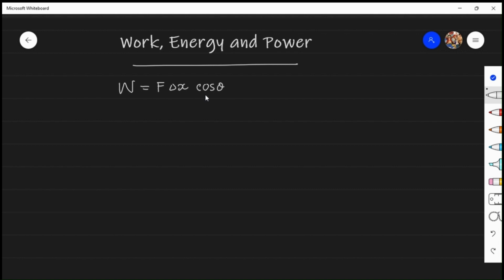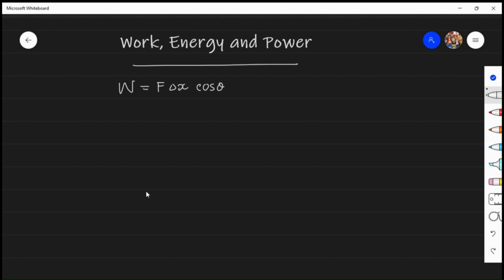And our cos theta, that's where most students struggle. Theta represents the angle between our displacement vector and our force. So we'll have a look at a few examples whereby we'll try to figure out the value of theta, and hopefully that should clarify or fill in the gaps wherever there's a bit of a misunderstanding.